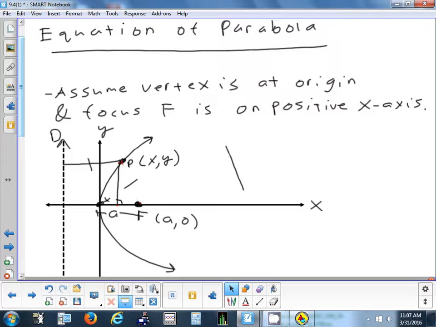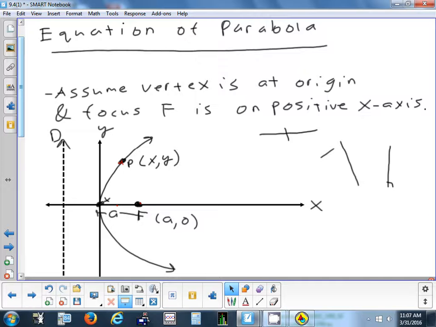There's a couple things I can move out of the way for now. Right, so I have my x and y axis. I drew a parabola opening to the right. The focus is inside the parabola because, again, parabola has to wrap around the focus.